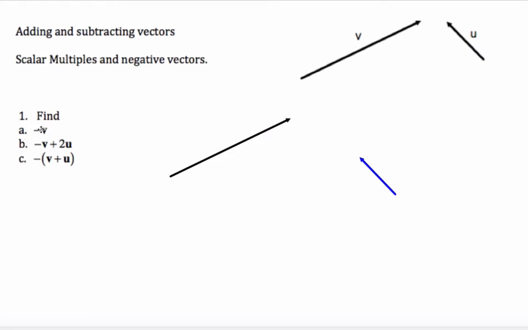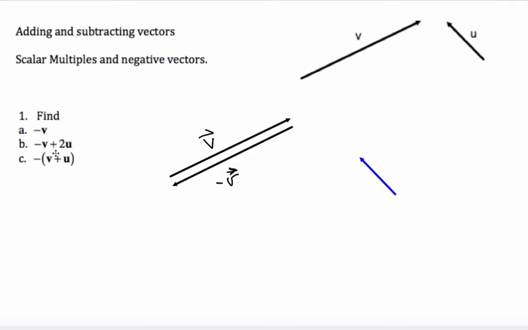If I want negative v, all that means is I take my vector, and I go the same length, but in the opposite direction. This here is what we would describe as negative v. And if I could bold it by typing, I would do that. If not, I have to put a little arrow above the v to indicate that it's a vector. So this is negative v, this is positive v.